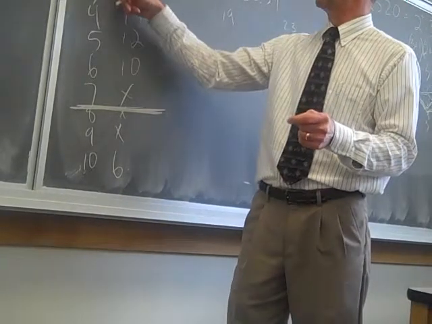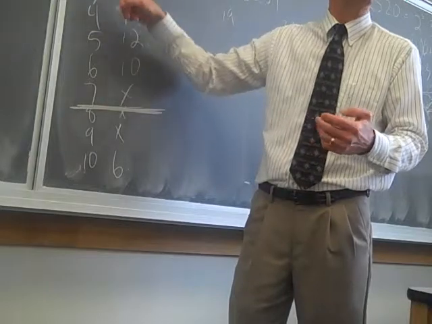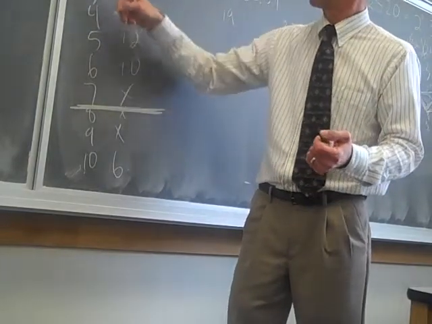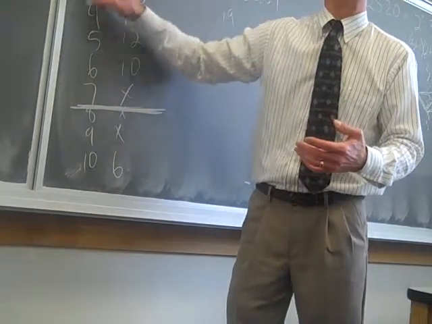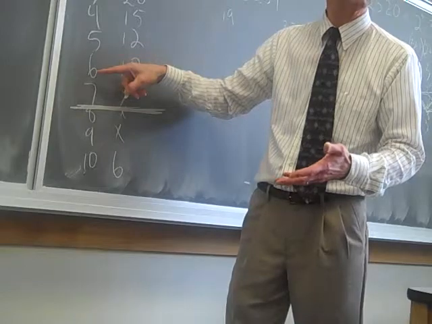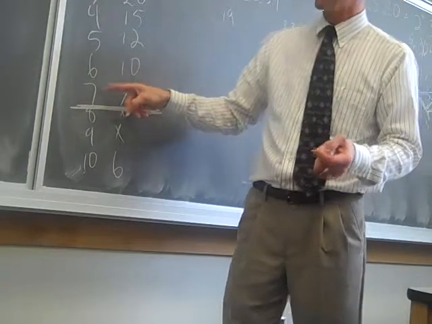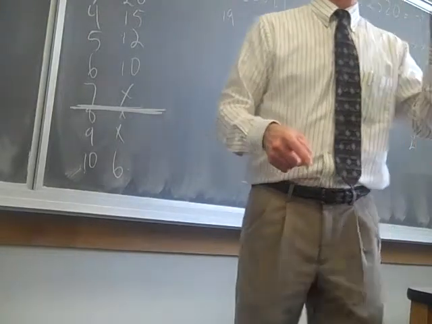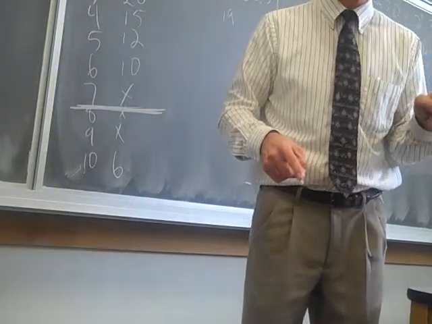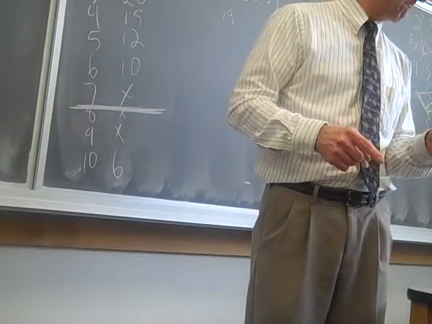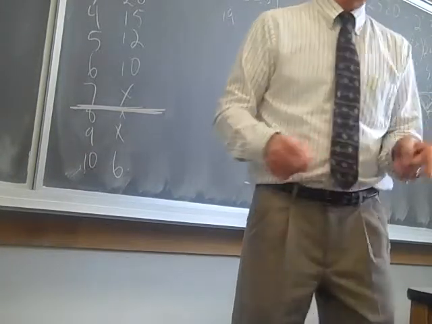So I would check 2, 3, I'd forget 4, because if it didn't work for 2, it wouldn't work for 4, right? 2, 3, 5, I can skip 6, right? And I check 7, and as soon as I check those, if I didn't find a whole number partner, guess what? The number's prime. How do I know that?